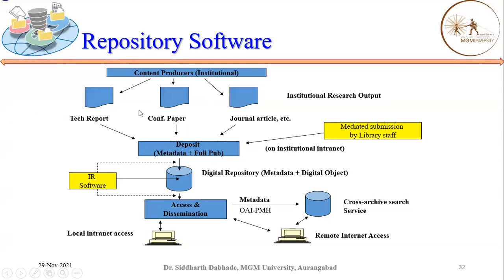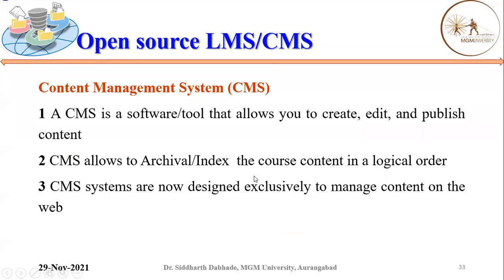The content may be technical reports, conference papers, journal articles, and many more things that you are going to store in your digital repository with the help of IR software. IR is nothing but the institutional repository, and you manage the metadata with your digital object, and on that basis we are able to access it. Open source content management systems and learning management systems are very useful for archiving.